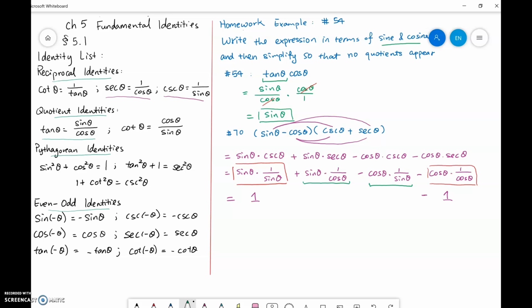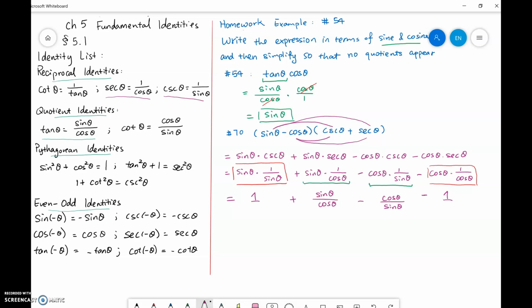If you want to see a middle step, I can rewrite sine of theta times 1 over cosine of theta as sine of theta over cosine of theta, and cosine of theta times 1 over sine of theta as cosine of theta over sine of theta, which are tangent of theta and cotangent of theta.